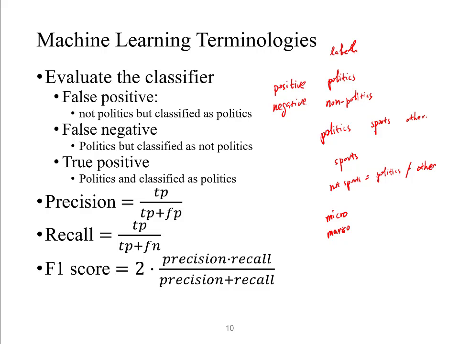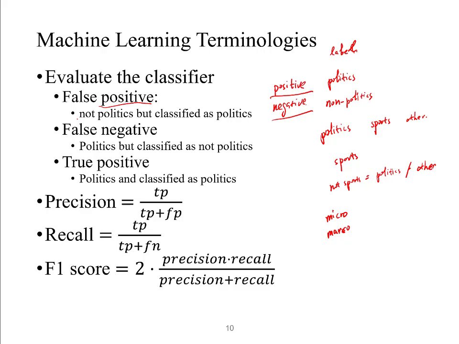So back to here, as long as we know what is positive and what is negative. All right, so false positive would be that should be negative, but classified as positive. For example, not politics, but classified as politics. So the positive here is the predicted result or the predicted label, and false indicates that the prediction is wrong.